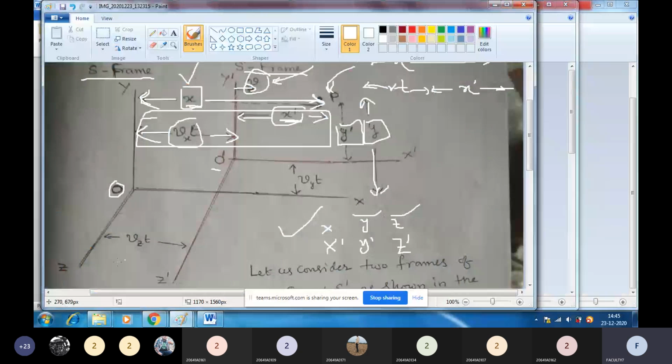We considered an S frame and an S prime frame. We labeled the first frame as XYZ and the second frame as X prime, Y prime, Z prime. We mentioned that the second frame is moving with some constant velocity V. As a result, let us take the event here as P. Now you are getting two different coordinates.